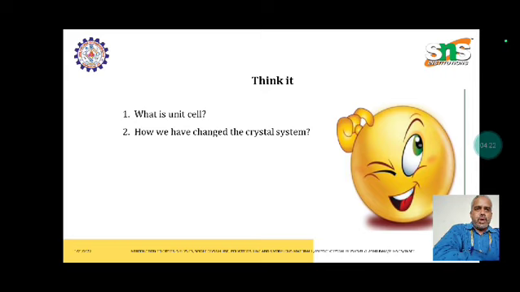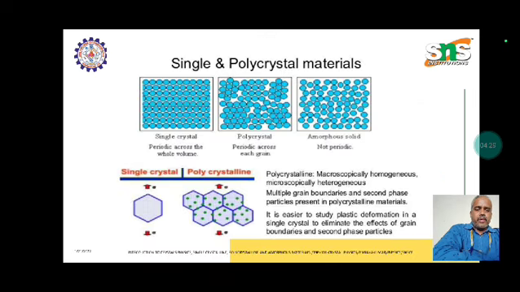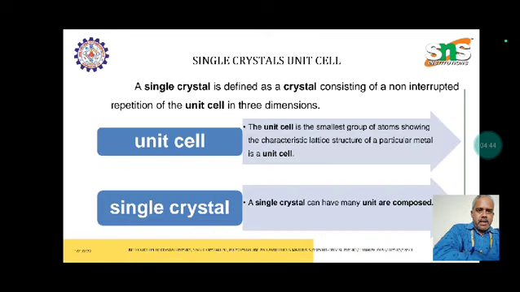The next question I asked my students is what a unit cell is and how the crystal systems change. The single and polycrystal materials we already discussed from this diagram, and the bottom of the diagram clearly explains the poly and single natures.